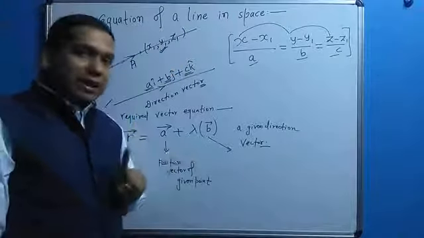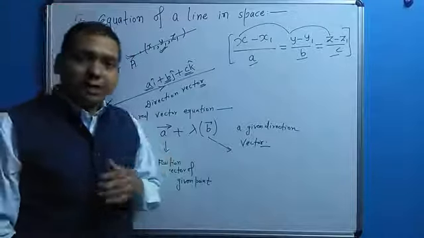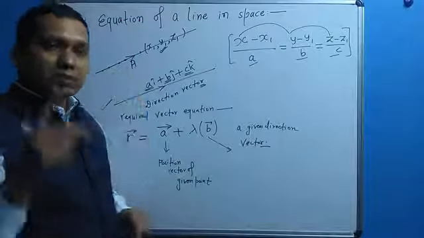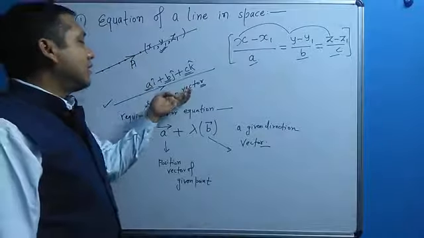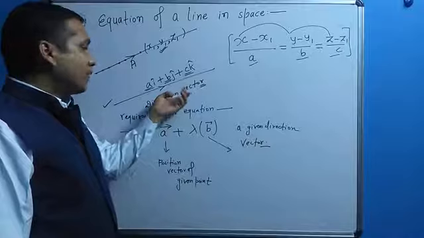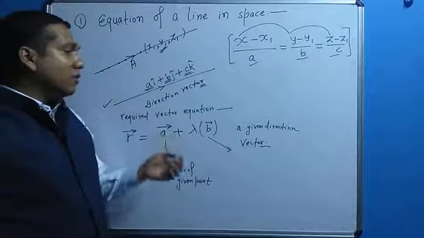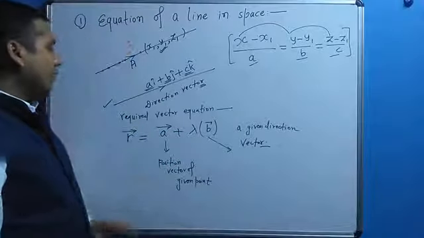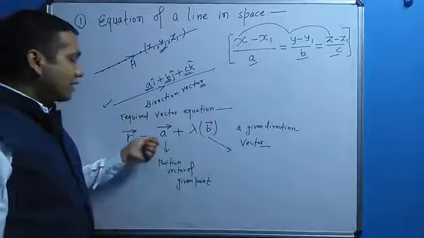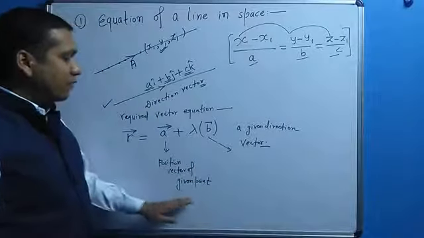I am repeating again that to determine the equation of a line in space, we require two things. First, the coordinate of a point, and second, a direction vector. And the required vector equation of the required line can be termed as A plus lambda B. What is A? Position vector of the given point.